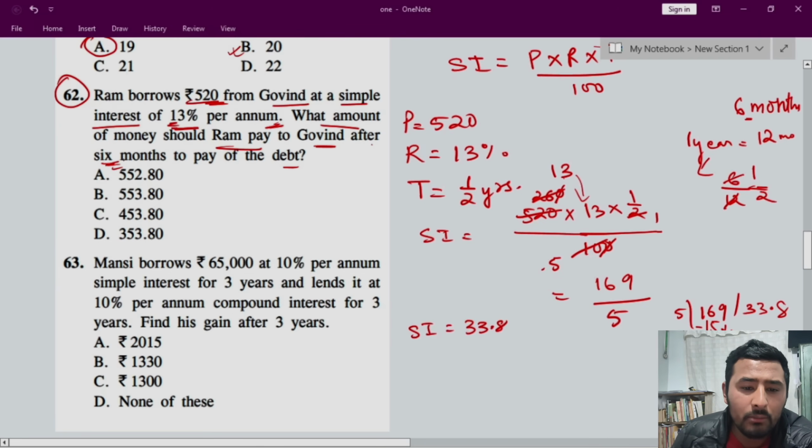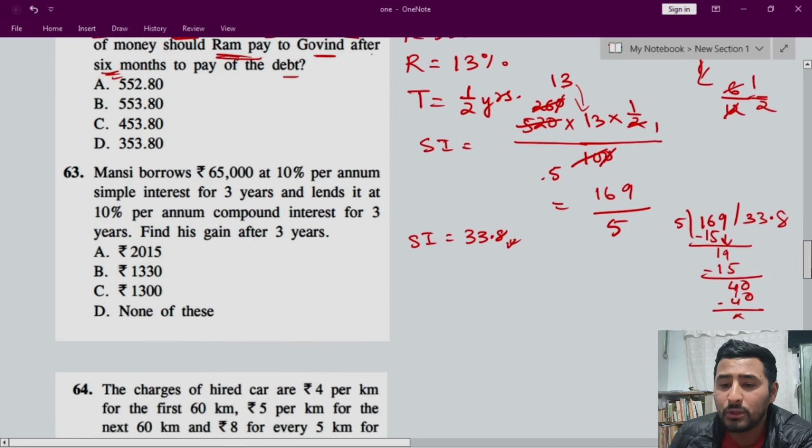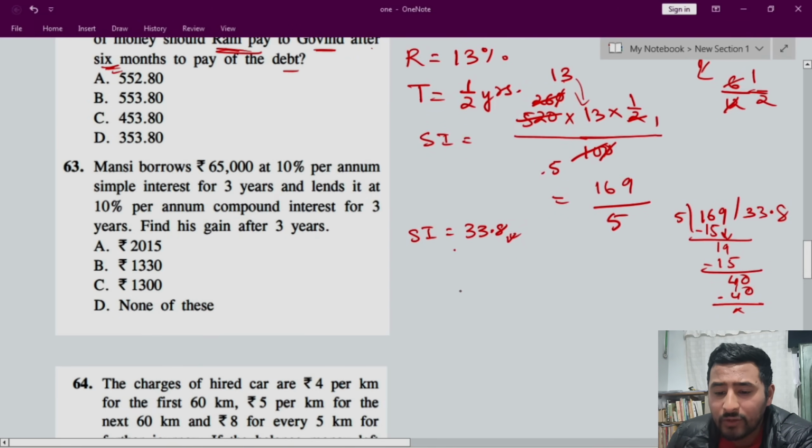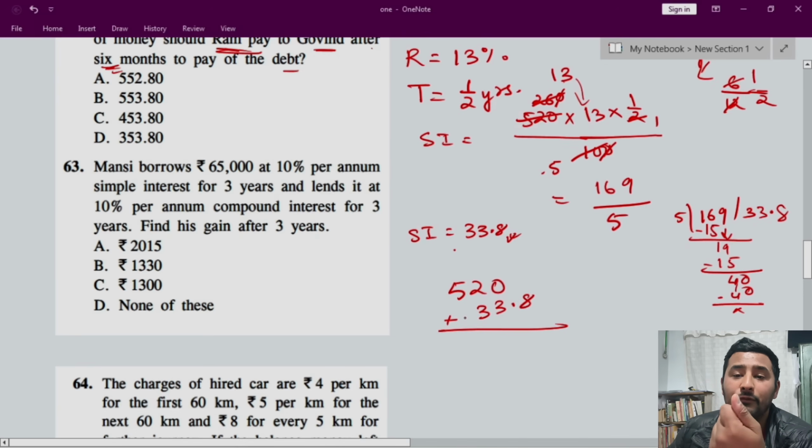What we have to find is what amount of money Ram should pay to Govind after 6 months. He has taken rupees 520. After adding the interest, how much will it be? First the amount was 520, then add this 33.8 interest. When you borrow an amount from a bank, you also have to repay with interest.